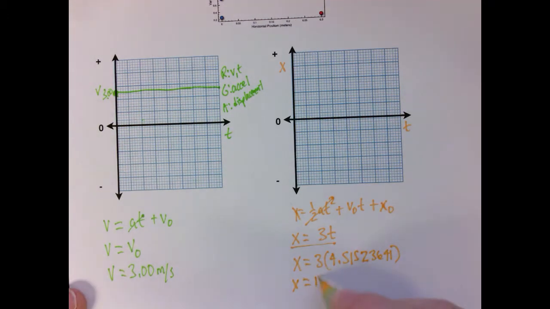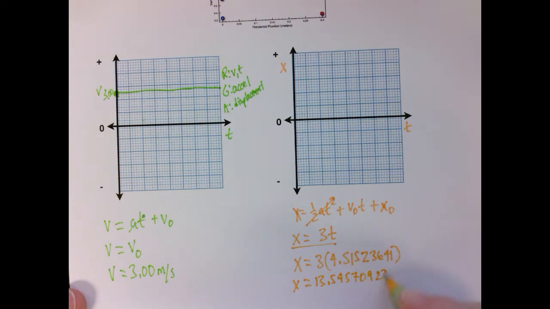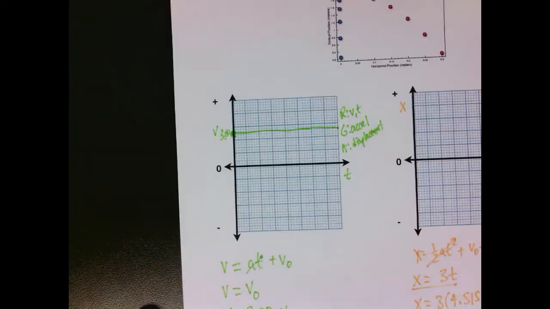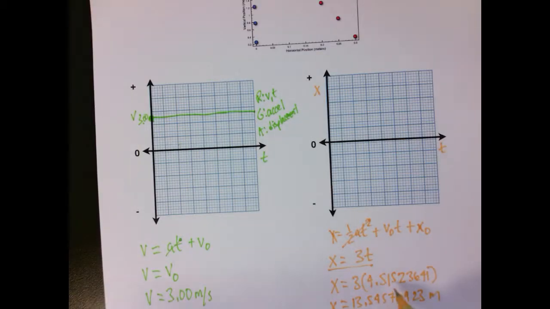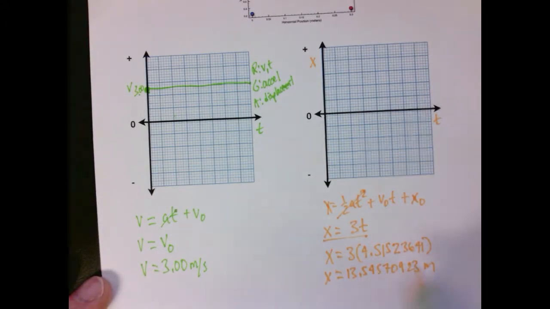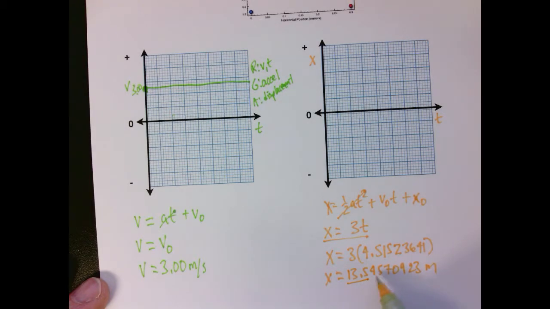And we get 13.54570923 meters. Now the velocity was 3.00 with 3 significant digits. Time we had was reported with 3 significant digits. Everything was based on 3 significant digits. So there's our 3. The 4 is smaller, so we have a position of 13.5 meters. Boxed answer.